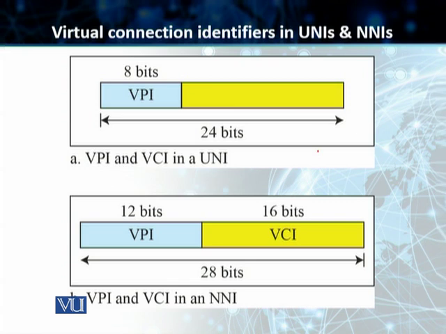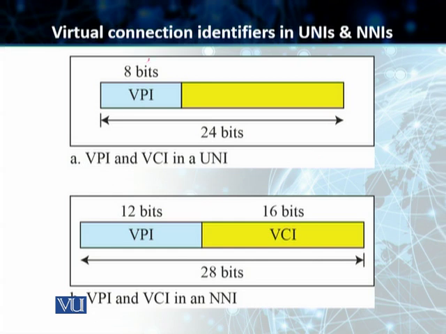The hierarchical identifier has these two levels that I'm showing you, the VPI and the VCI. Students, the VPI, or the virtual path identifier, defines the specific virtual path, or VP, and the VCI defines a particular virtual circuit, or VC. And students, the VPI is the same for all virtual connections that are bundled into one virtual path.